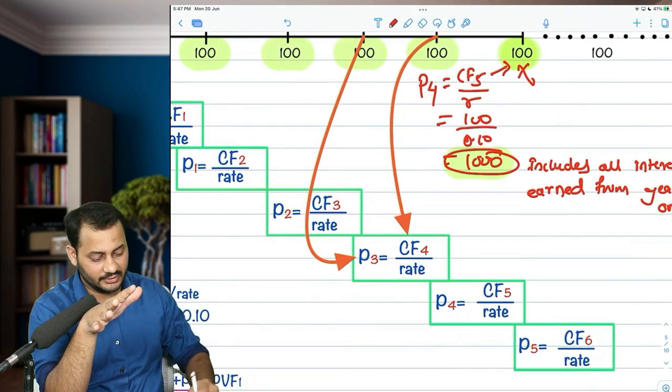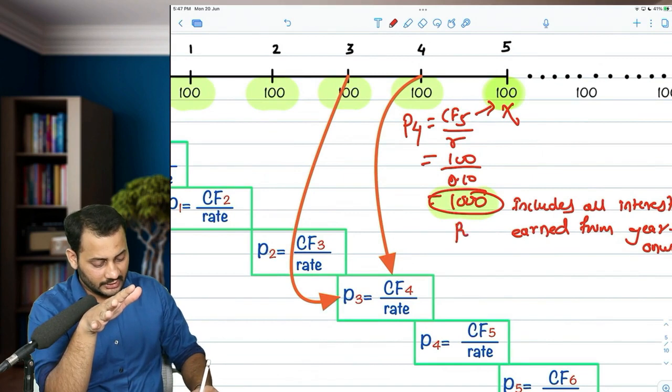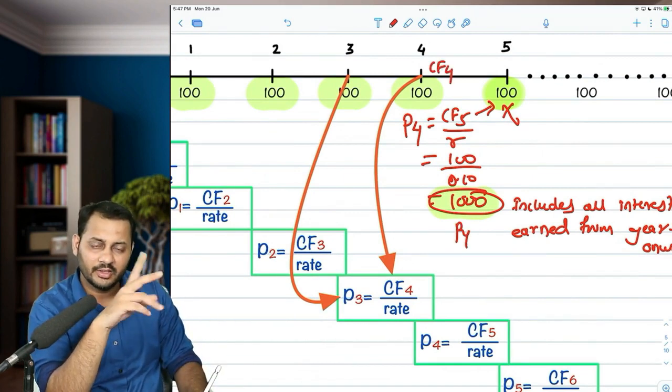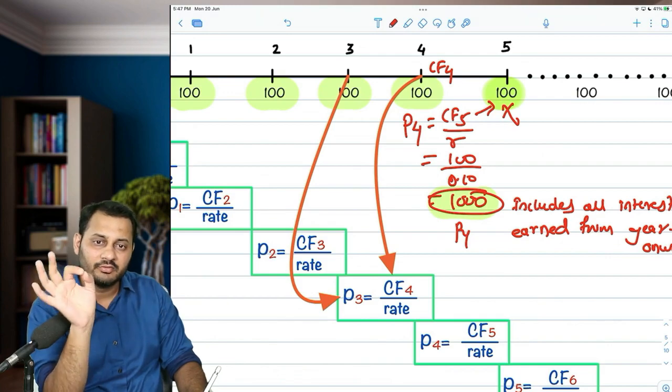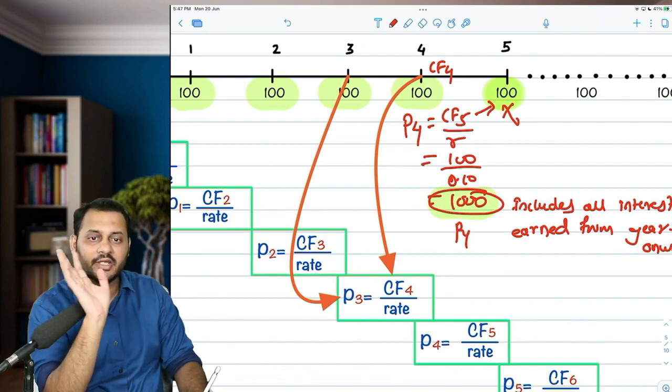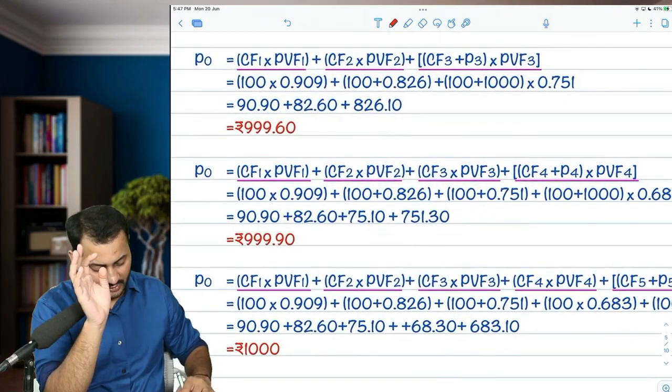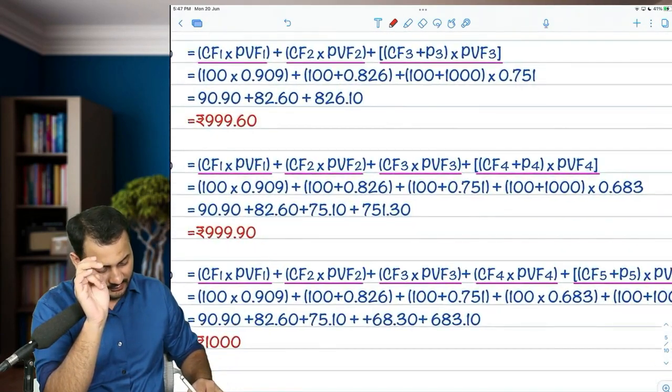And if you understand, this 1000 is at P4, this 100 is at CF4. So you can multiply the same present value factor to both the cash flows. Now how you will arrive at this, I will just show you here.